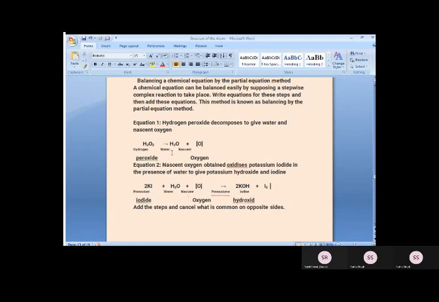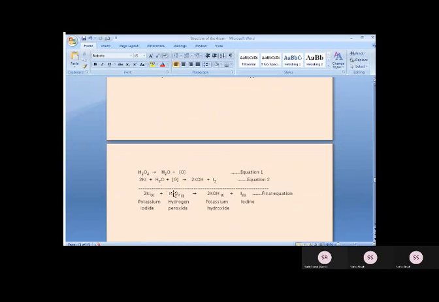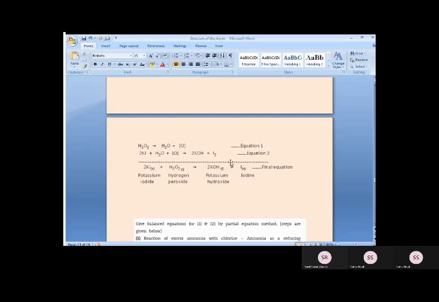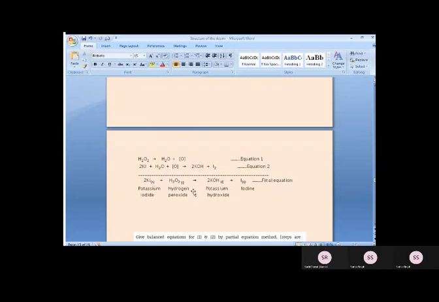After that, the next step is we need to add these two partial equations together. The left hand side, that is the reactant side, is added to the reactant side of the second equation. Similarly, the product side is added to the product side. Here, the common compounds on the left hand side and the right hand side get cancelled.